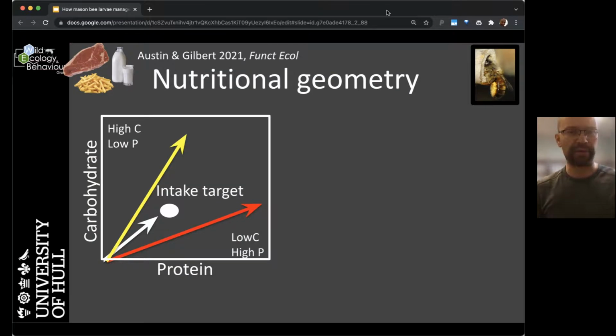We conducted experiments under the nutritional geometry framework, which is a graphical approach where you represent foods on a graph. Here we're looking at carbohydrate on the y-axis and protein on the x-axis, and foods are represented by lines representing a set ratio of protein to carbohydrate in the food, and you can think of eating the food as moving up the line.